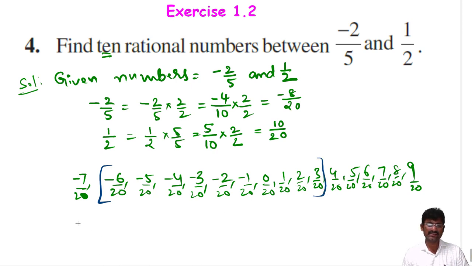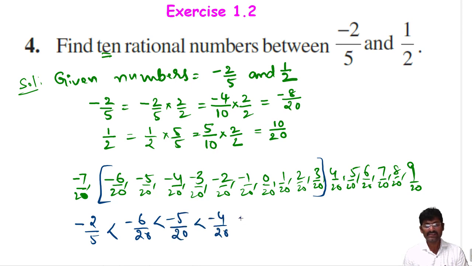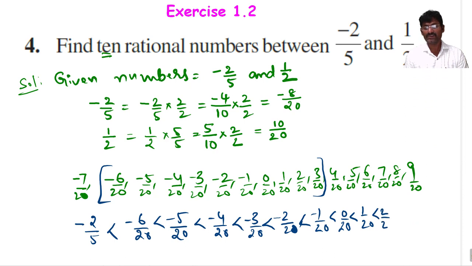So we can write like this: negative 2 by 5 is less than negative 6 by 20, less than negative 5 by 20, less than negative 4 by 20, less than negative 3 by 20, less than negative 2 by 20, less than negative 1 by 20, less than 0 by 20, less than 1 by 20, less than 2 by 20, less than 3 by 20, and this is less than 1 by 2.